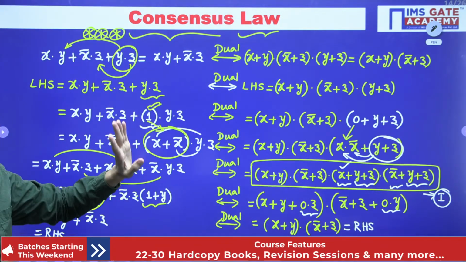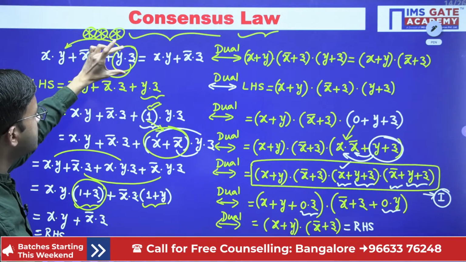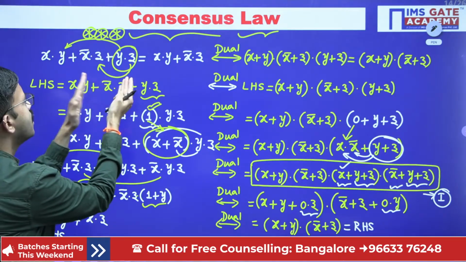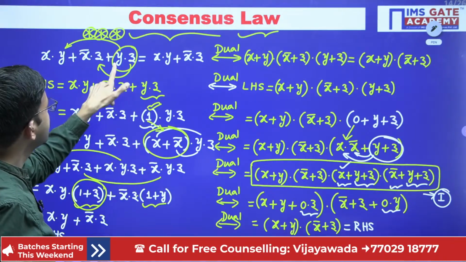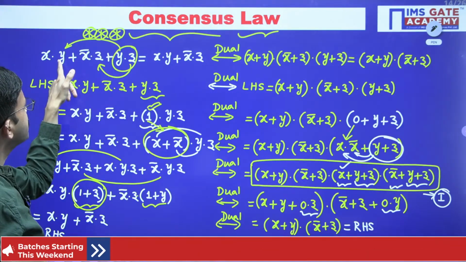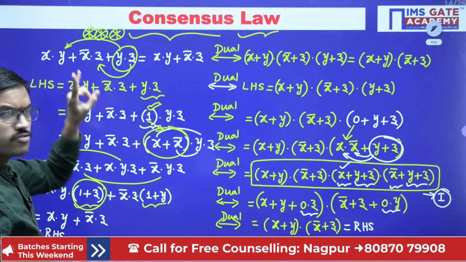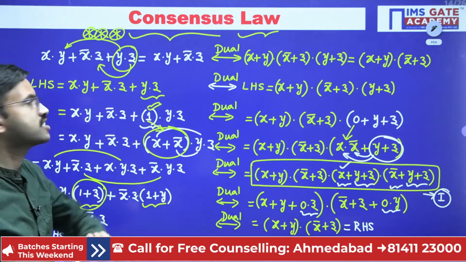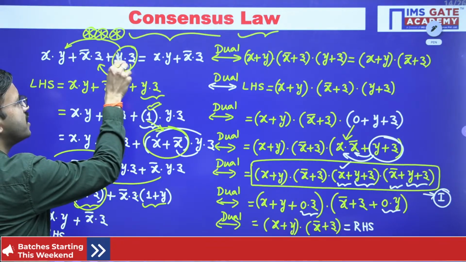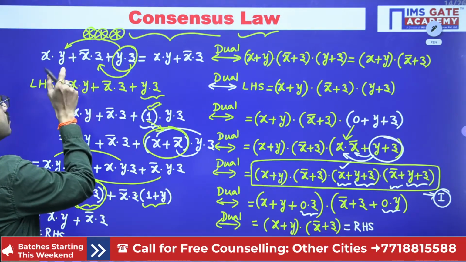No problem at all. Whatever variables you have here, those variables should be distributed in the other two terms in any fashion. That means Y can be present here, Z can be present here. This is one combination. Or Y can be present here, Z can be present here. That is another combination. Suppose you have Y bar here, Y bar only is present here.